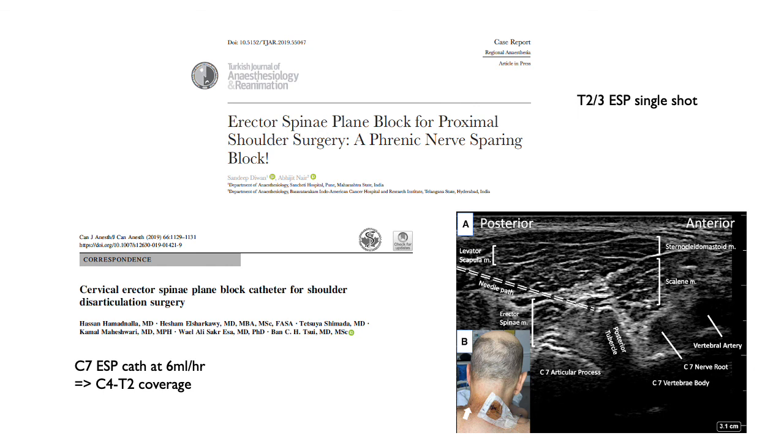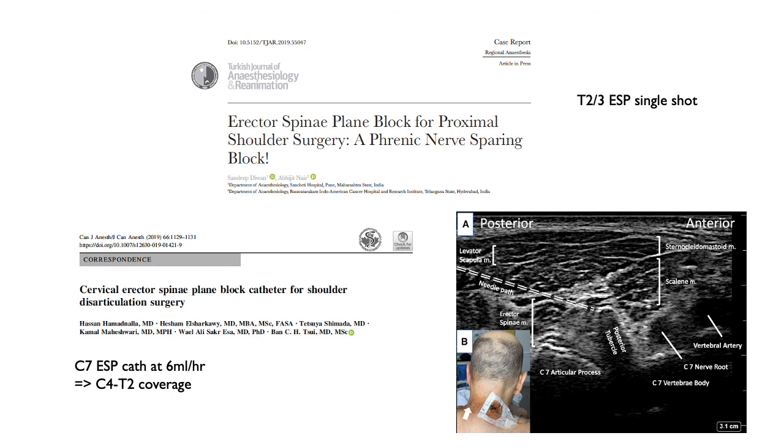Okay, so certainly shoulder surgery won't be missed, and there are some case reports of using erector spinae plane block for shoulder surgery. Some people will use, say, upper thoracic ESP block at T2-3. Some people will even do it at the C7 level, okay, or even put in a catheter at that level.